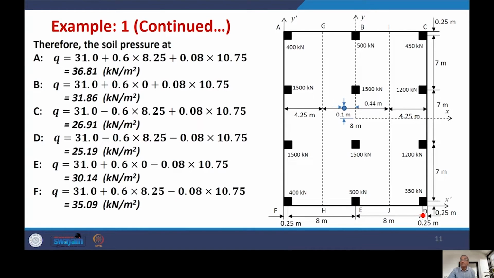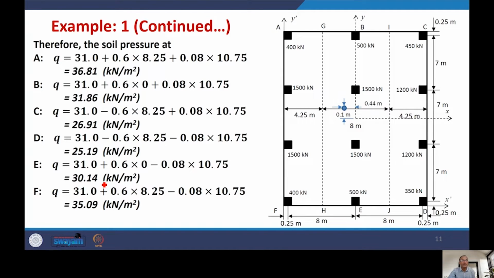Coming to D, again x will be positive in this case, but because the negative sign is coming and y will now be negative, you end up with 25.19. Then for E, your x is 0 and y is 10.75, which is negative, so this becomes 0.